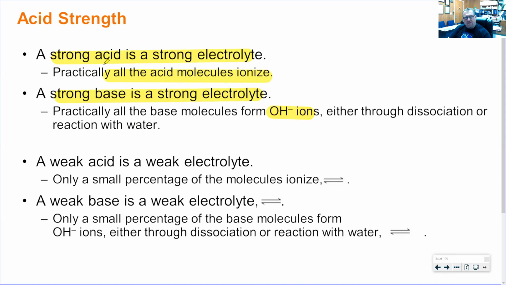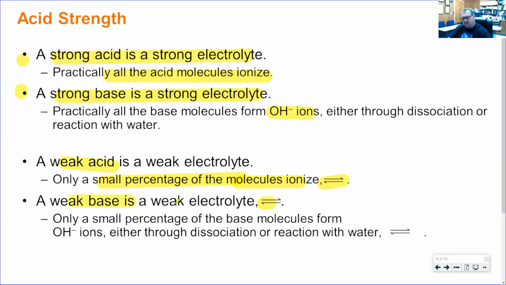And then on the converse side, to these both being the strongs, we have weak electrolytes. That only means that a percentage of the molecule ionizes. When it's a partial ionization, we represent it with double arrows. And it can be either an acid or a base being a weak electrolyte.